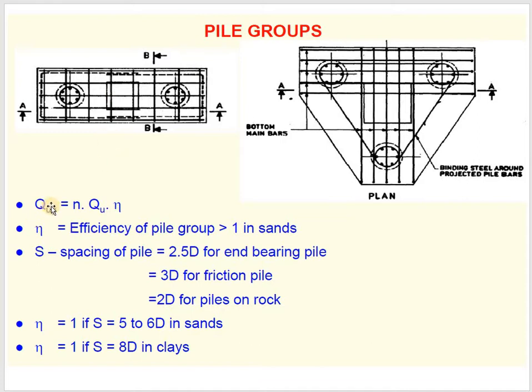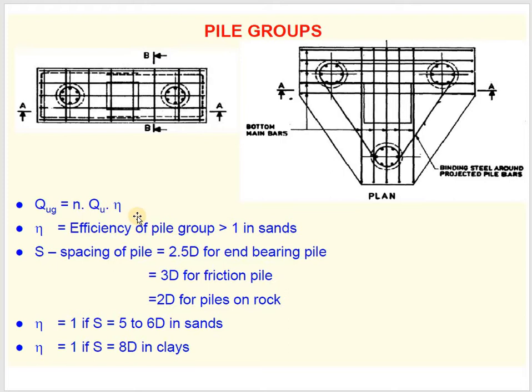The ultimate load capacity of the group is N into Qu, where N is the number of piles in that group, and Qu is the ultimate load carrying capacity of a single pile. That is the equation for piles in sand or gravelly soil, cohesionless soil, where N Qu is multiplied by eta, which is the efficiency of the pile group.